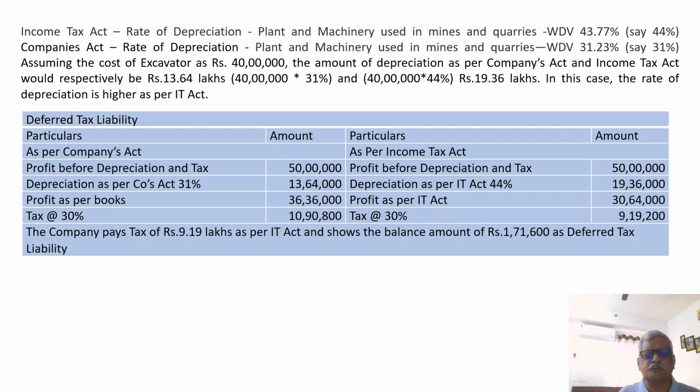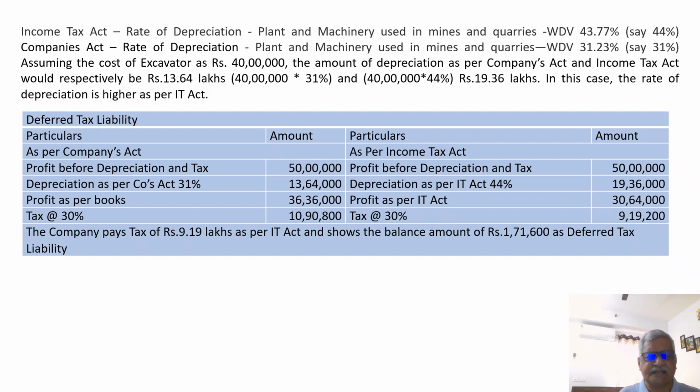Assuming the cost of excavator used in mine is rupees 40 lakhs, the amount of depreciation as per Companies Act and Income Tax Act would respectively be rupees 13.64 lakhs and rupees 19.36 lakhs. In this case, the rate of depreciation is higher as per IT Act.